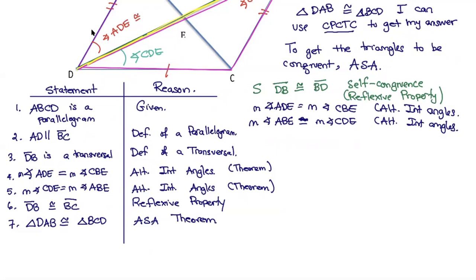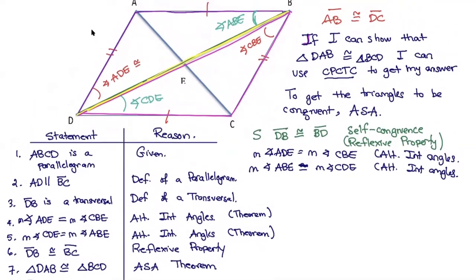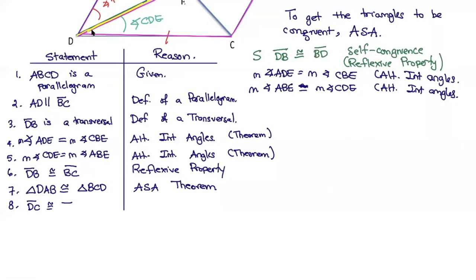And because those two triangles are congruent to each other, we now can say that side DC is congruent to side AB, and that side AD is congruent to side BC, and both of these are on account of CPCTC.